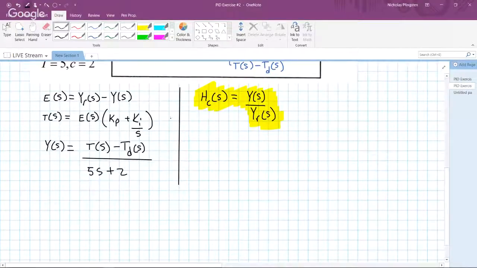And now I'm going to back substitute that error equation into the T of S equation. And obviously here's the rest of it.